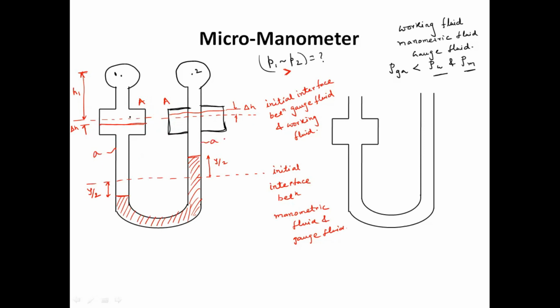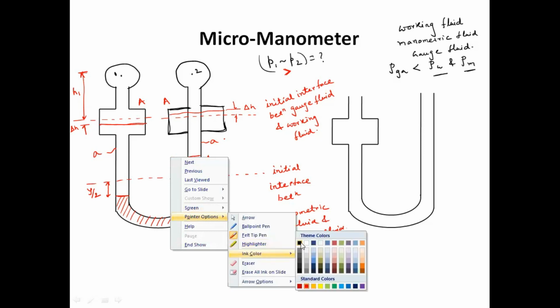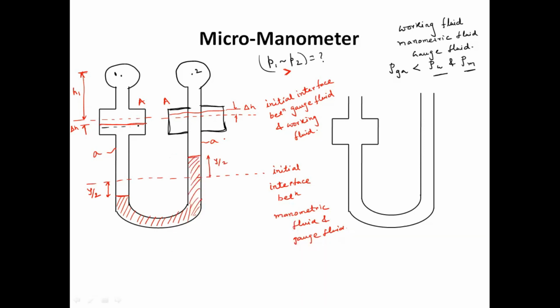So the same rise will be on the opposite side as the fall. This is the new zone of the gauge fluid.